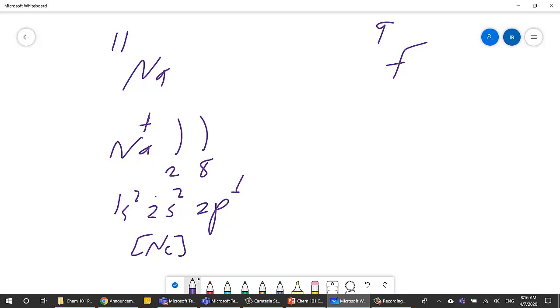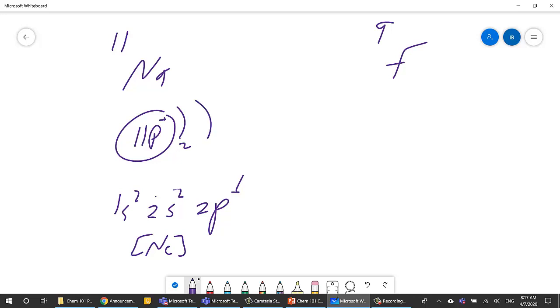For the F minus, I just forgot to put the nucleus. So sodium has 11 protons inside, plus, and then 2, and then 8, and that's for Na+, okay? We are now doing it for the ions.